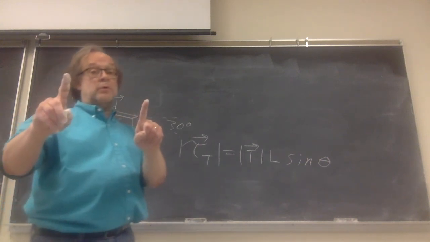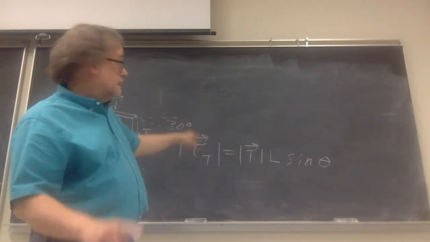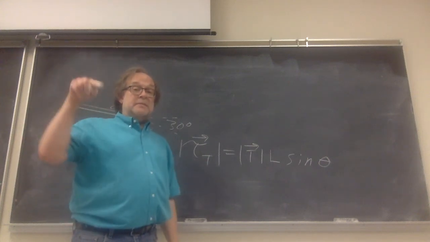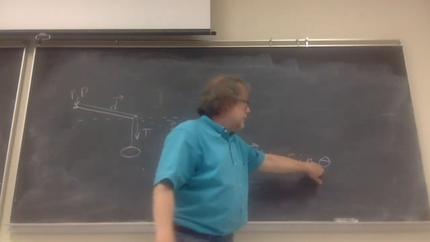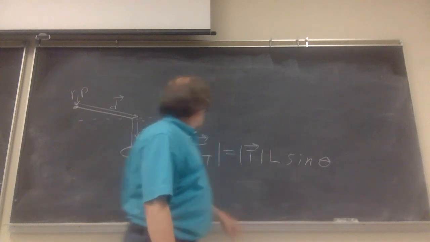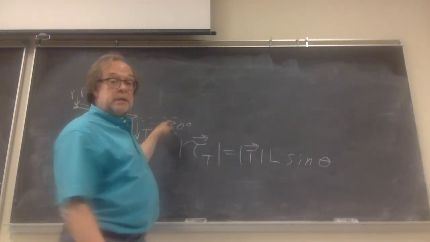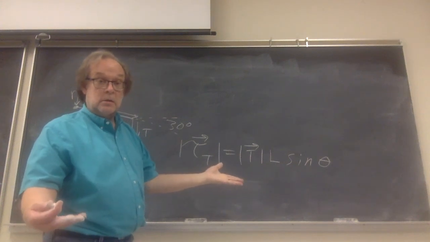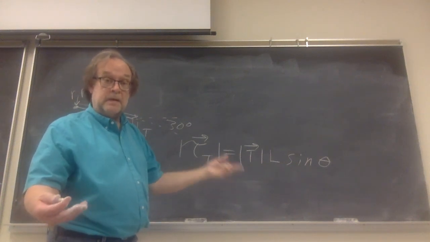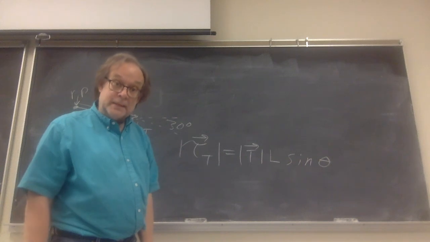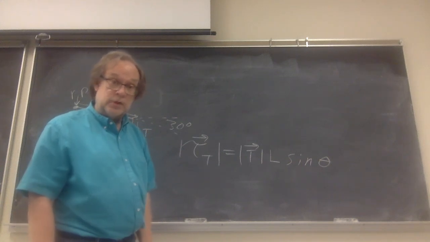Now here's the important point that I really wanted to emphasize here. Stop and think carefully before you put a number in this slot. Don't just put in a 30 because you see a 30 degrees in the diagram. Stop and think, what is the angle between the displacement direction and the force direction?